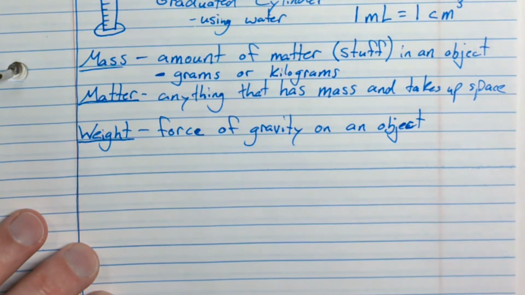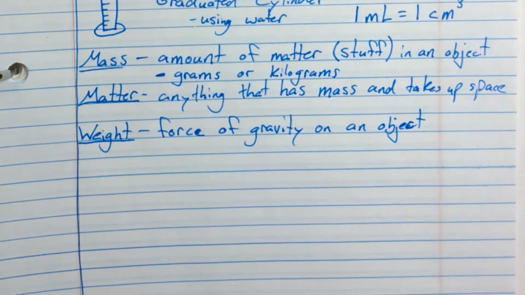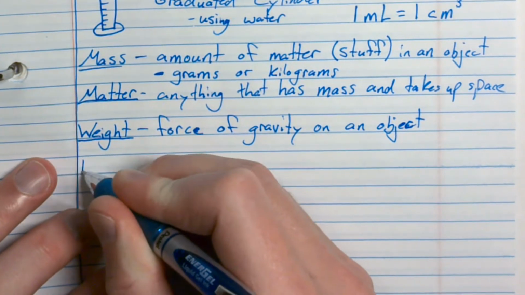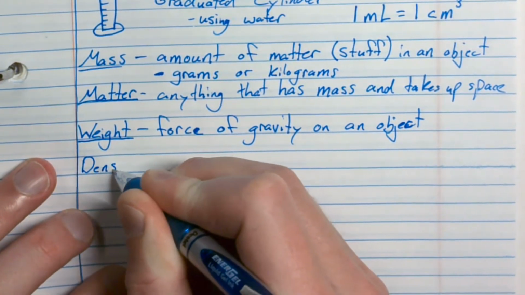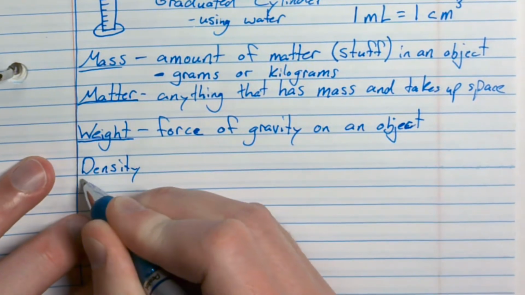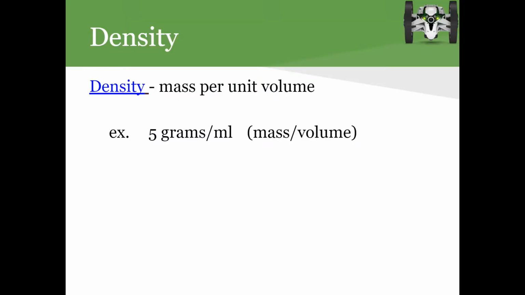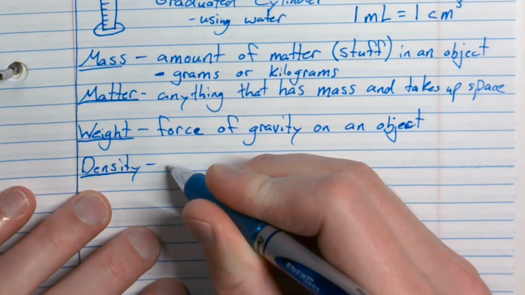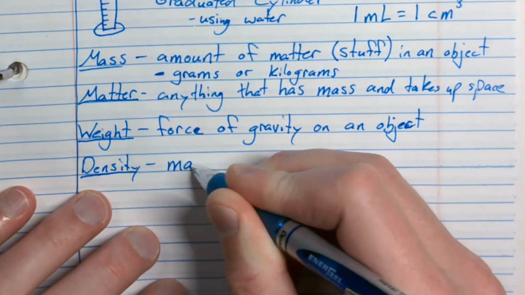All right, and then finally we get to density. Density is the ratio of mass per how big it is, the volume. So let's just put that.